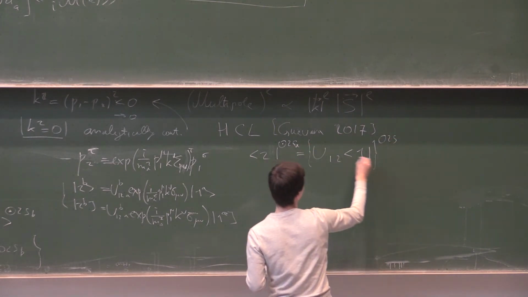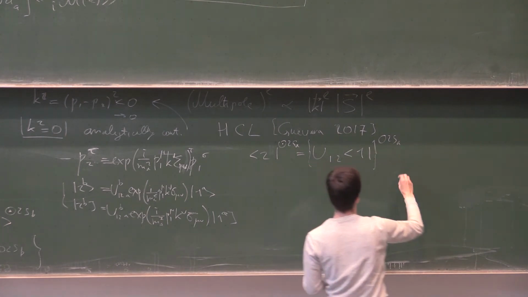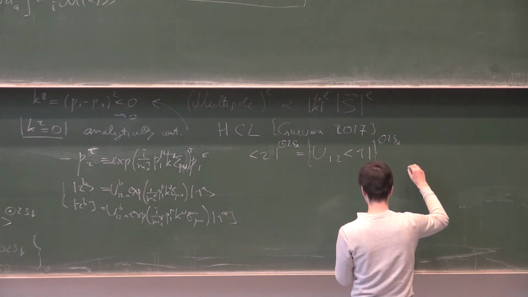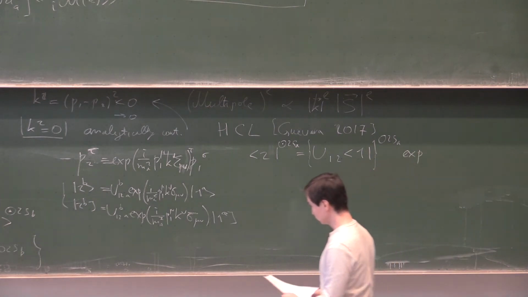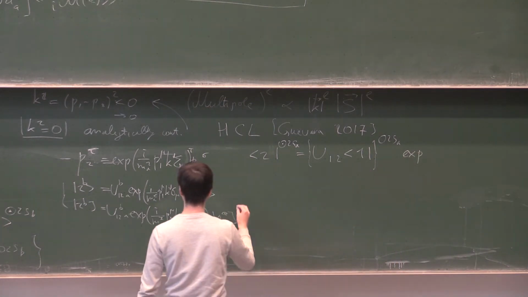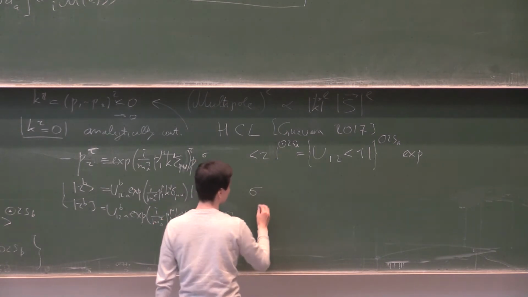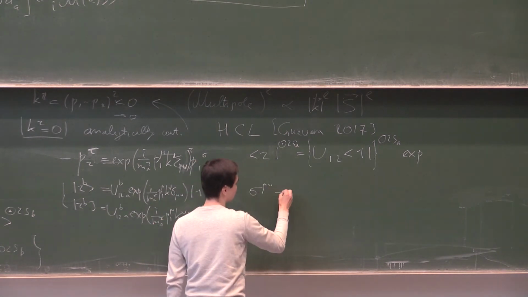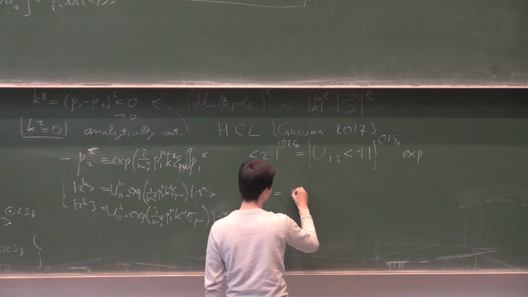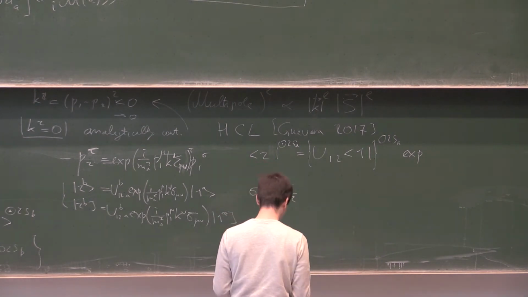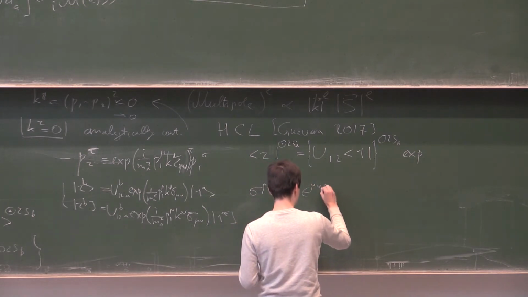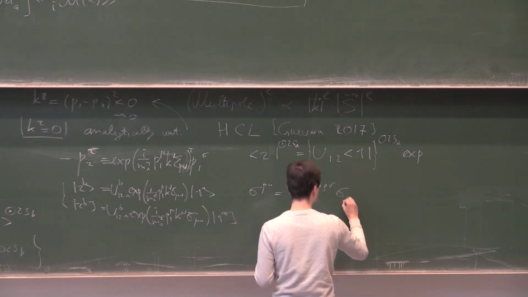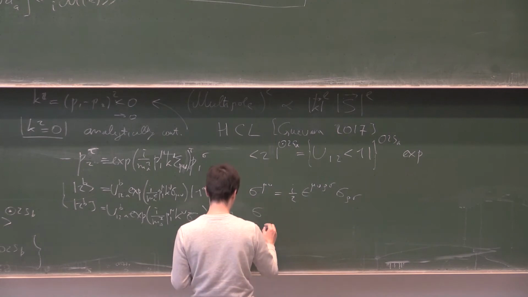Now we have different spins, A on one side, and something else we can do here. Sigma mu nu are self-dual and anti-self-dual in the chiral and anti-chiral representation. So this holds, and this holds.